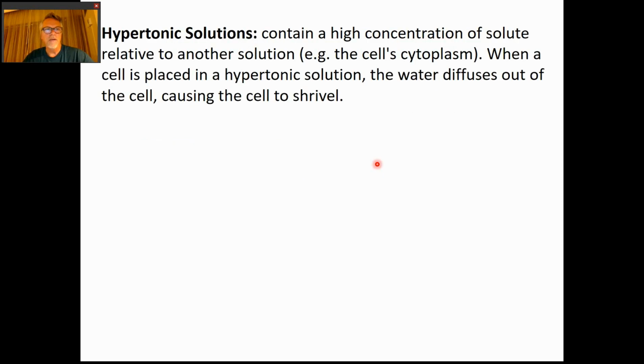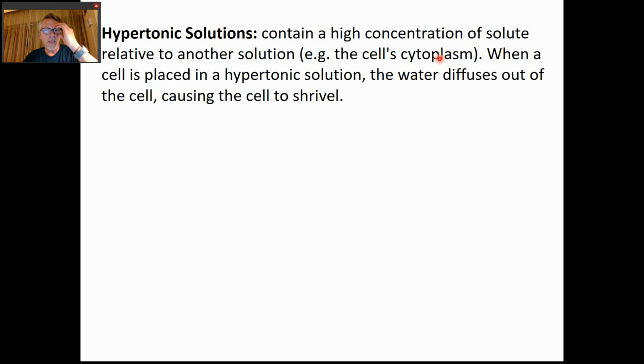Let's see what those mean. So hyper means more, again thinking back to our language of science. So hypertonic means more concentrated. A hypertonic solution is one that has a lot of dissolved stuff compared to another solution, like the cell's cytoplasm. This is how we will usually use the term, comparing the solution that a cell is in to the cell's cytoplasm.